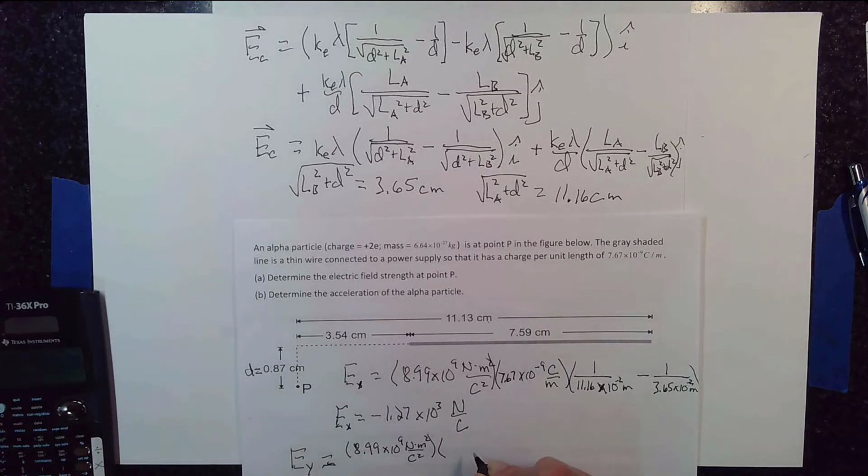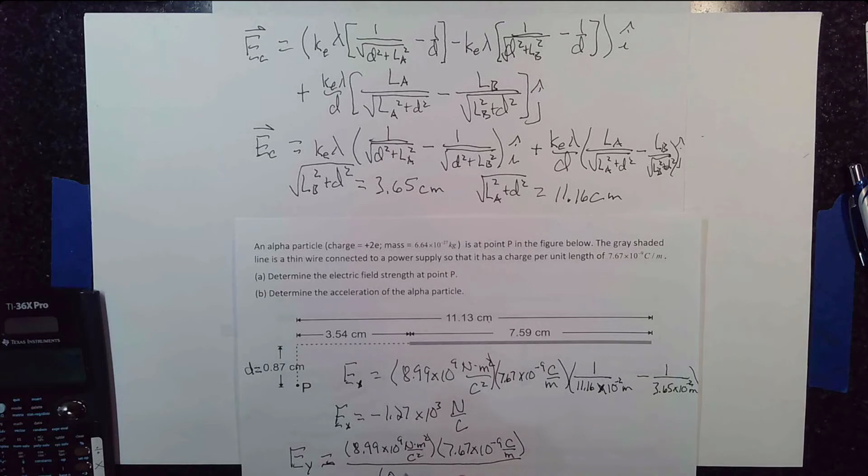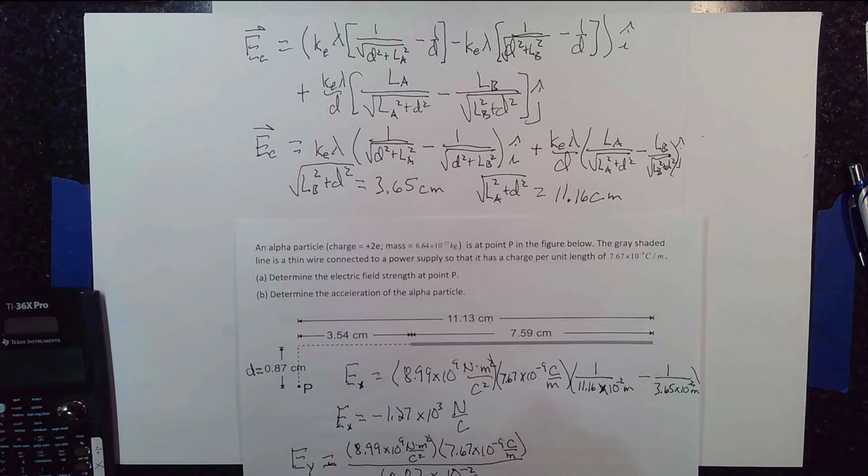There's the K sub E. The lambda, again, is 7.67 times 10 to the minus 9th coulombs per meter. And I divide by D on this thing, 0.87 times 10 to the minus 2 meters.